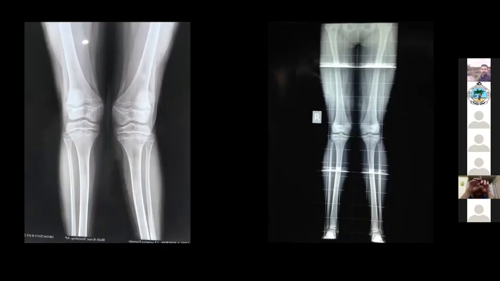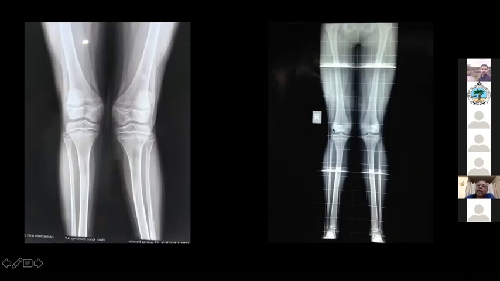In the long leg film, nowadays most of the examiners are fond of asking what is the lateral distal femoral angle and the medial proximal tibial angle. These angles you should know. What is the malalignment test? The first thing you have to look for is the mechanical axis deviation. You draw a line from the center of the femoral head to the center of the ankle, and see whether it is deviated.